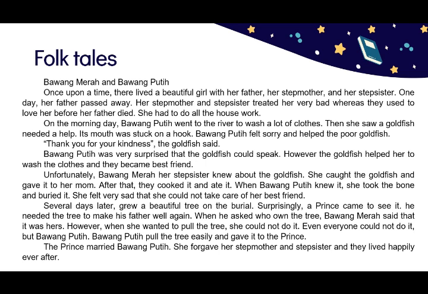He needed the tree to make his father well again. When he asked who owned the tree, Bawang Merah said that it was hers. However, when she wanted to pull the tree, she could not do it. Even everyone could not do it, but Bawang Putih. Bawang Putih pulled the tree easily and gave it to the prince. The prince married Bawang Putih. She forgave her stepmother and stepsister, and they lived happily ever after.